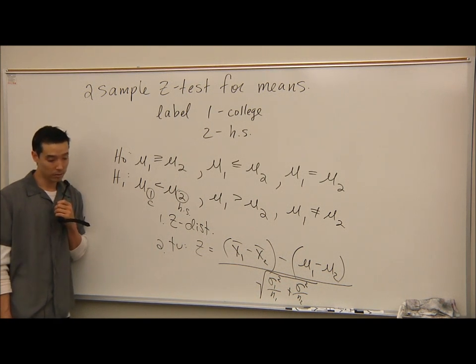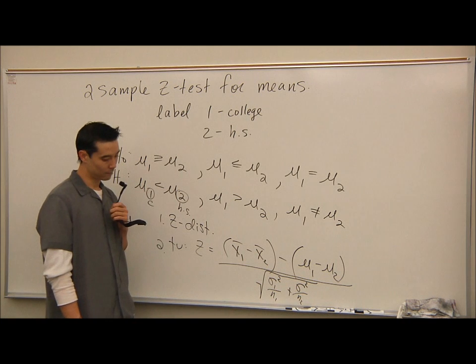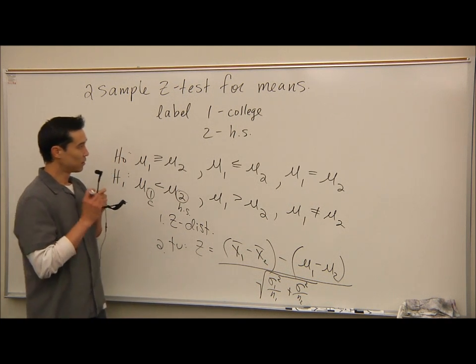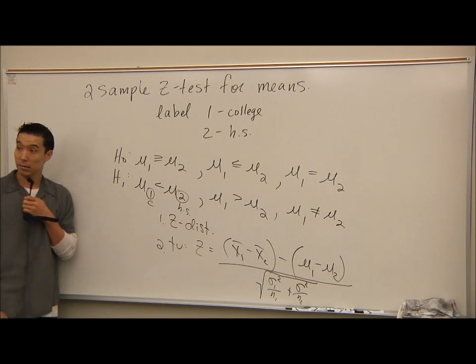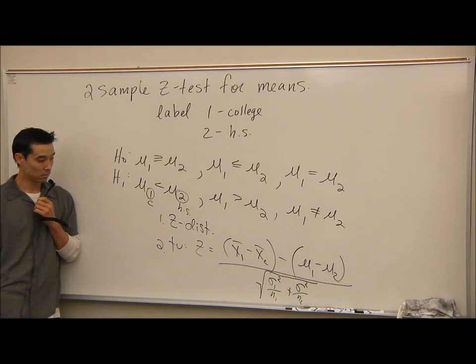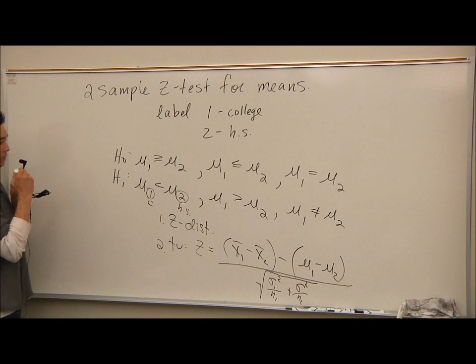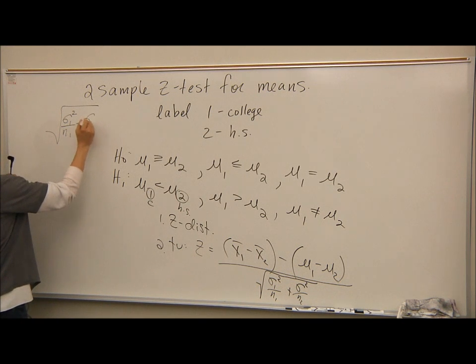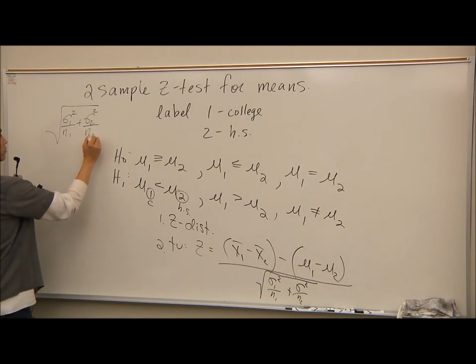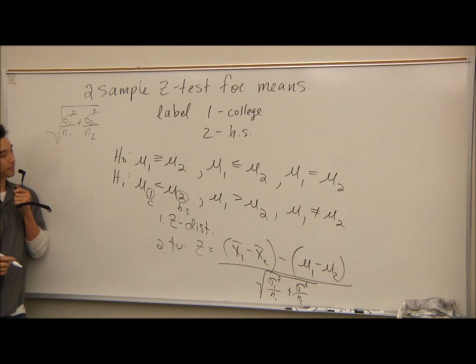All of that's underneath the radical. Could you maybe write stuff that's under the radical up higher? I can't see. Sure. So the radical looks like this: sigma 1 squared over n1 plus sigma 2 squared over n2. That's what the denominator looks like.